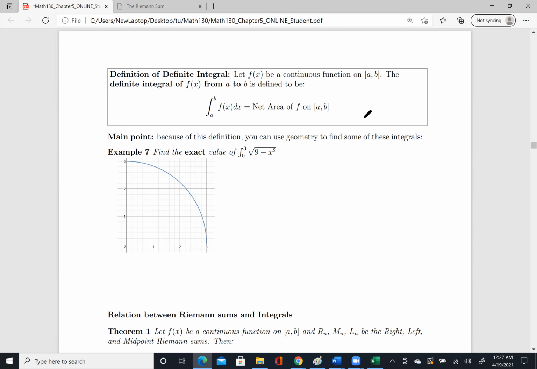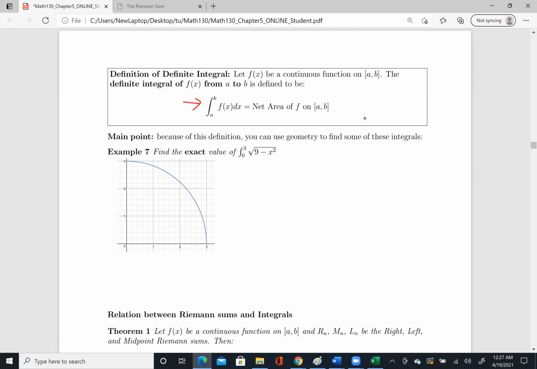The definite integral of f(x) from a to b is defined to be, this is called the integral of f(x) dx from a to b, equal to the net area of f on a, b.